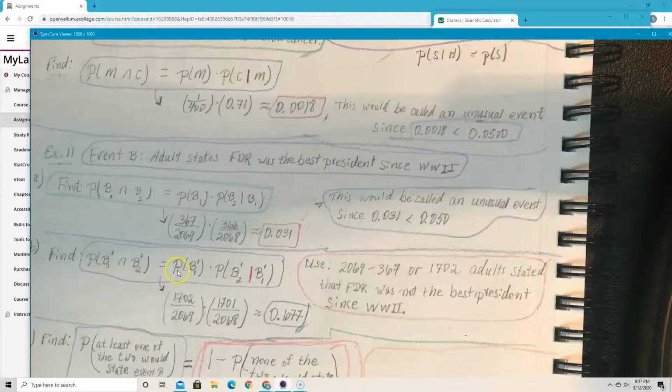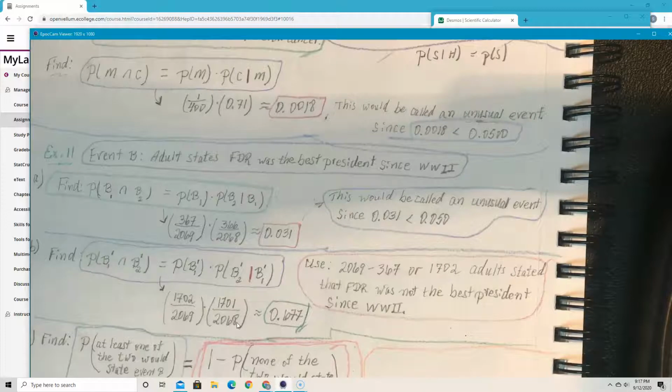So then what's the probability of this? The first adult picked not stating FDR was the best president. Well, there's 1,702 adults that said that FDR was not the best president out of the 2,069 altogether who filled out the survey, times, now there's one person out already from the group, so there's only 2,068 left.